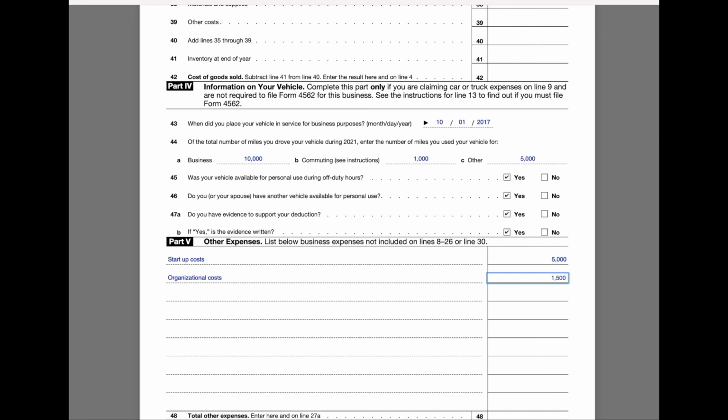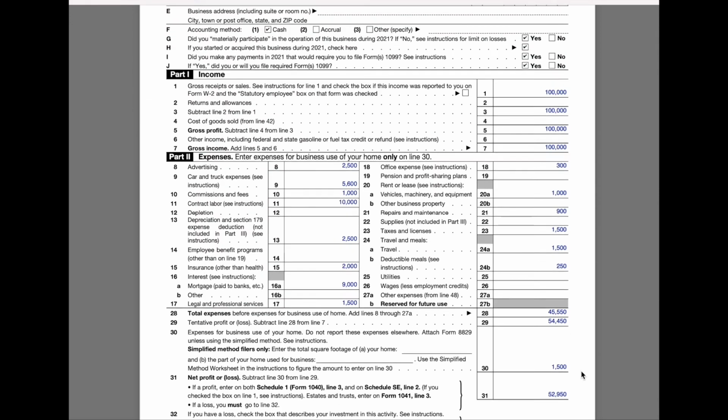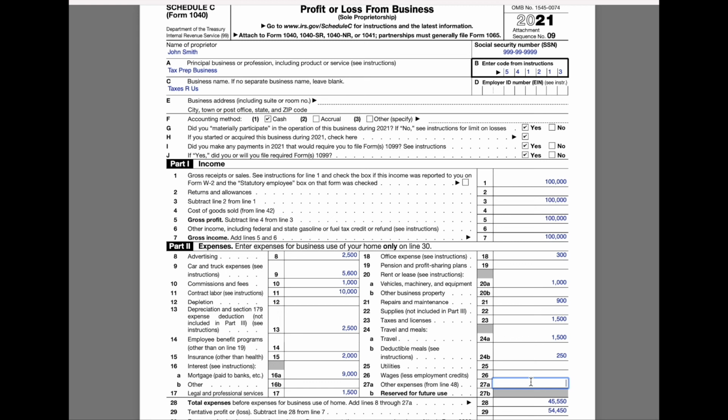If your business began in the current tax year, you can elect to deduct up to $5,000 of certain startup costs and $5,000 in organizational costs with some limitations. So now that we have a total of $6,500 for other expenses, we will go ahead and enter that number. In this example, we actually already calculated the $6,500 prior and included that in the total of our total expenses, so we don't need to go ahead and recalculate our total profit or loss.